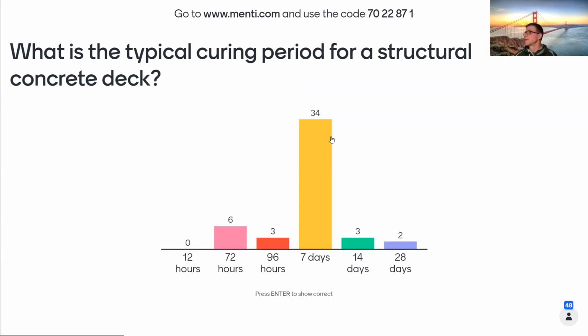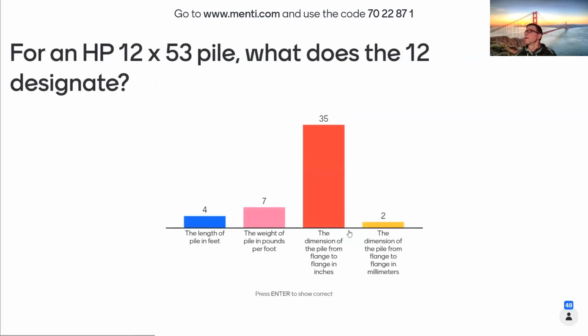But 7 days is a big one there. So these other ones, 72 and 96, are too low. And then these guys, the 14 and 28, it's great to cure that long, but it's not required by the spec.